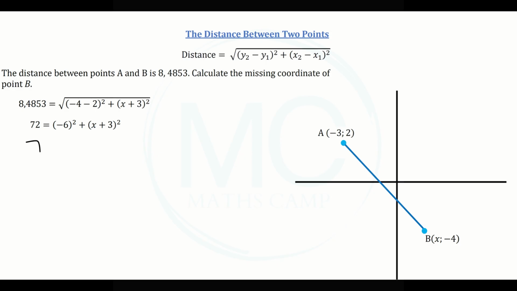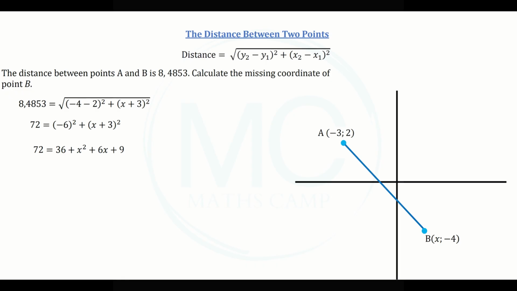So on the left, we have 72 is equal to -6 squared, which is 36, plus, now we need to square our second bracket, x plus 3 squared, and we get x squared. X multiplied by 3 is 3x, double it, and we get 6x, plus 3 squared, which is 9.